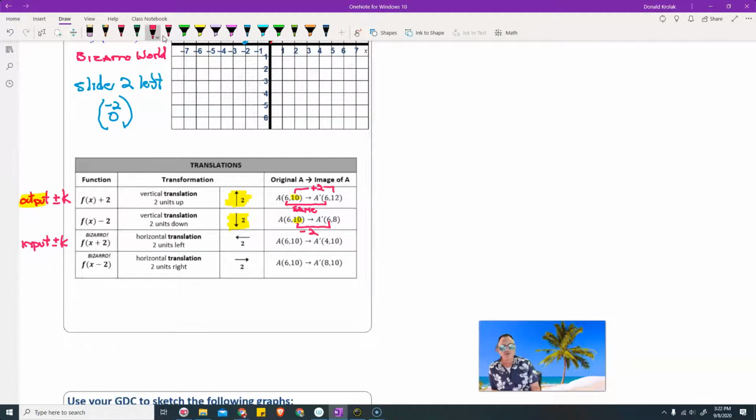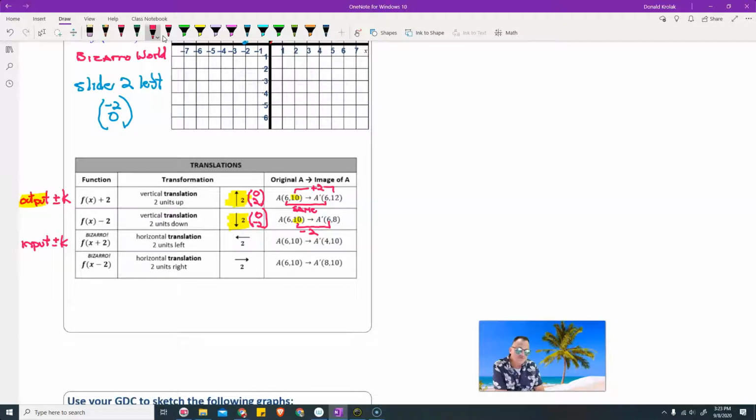Now, the way that we would write this as a vector, this as a vector would be 0, 2, and this as a vector would be 0, negative 2. All right, now when we're dealing with doing something to the input, that's when you're thinking bizarro world.